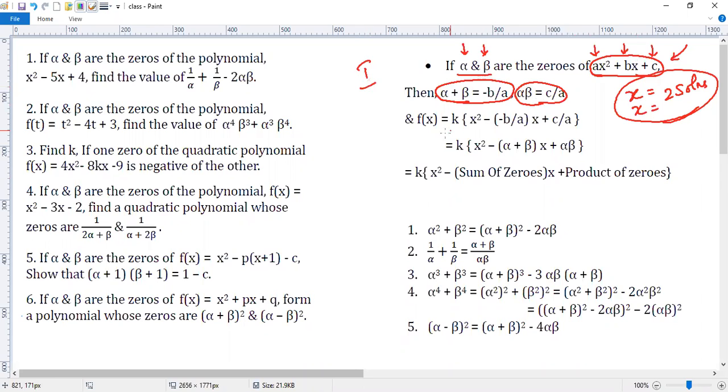The second type question is, they will give you alpha and beta and they'll ask you the quadratic equation. So எப்படி frame பண்ணுவீங்க? இதான் formula. K times of alpha beta தெரியும் அப்படின்னு சொன்னா, அப்ப sum of zeros easy கண்டுபிடிக்கலாம் இல்லையா? Alpha plus beta. Product of zeros என்ன? Alpha into beta.